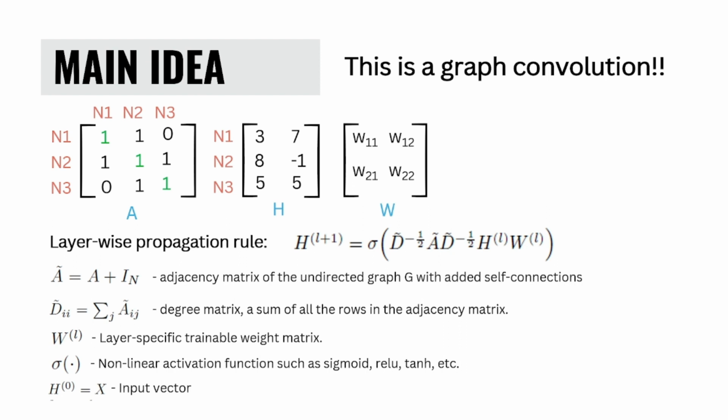The layer-wise propagation rule in the paper also applies a normalization matrix using the degree matrix D tilde, which is a sum of all the rows in the adjacency matrix. The adjacency matrix is also added with the identity matrix to ensure self loops. The weights are present at each layer, and after performing this product, a non-linear activation function is applied, such as sigmoid, ReLU or tanh, and the input vector X is used in the first step.